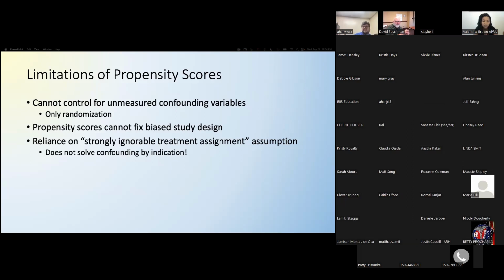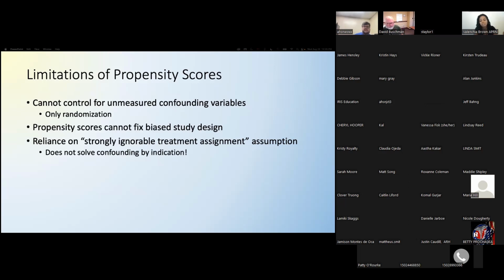I mean, it's yes and no. That's a great overstatement. In terms of unmeasured confounding variables, really only randomization is a way to control for those. So it still has the limitation that there could be things outside your control, that you either don't know about or did not consider, that are confounding your study results.